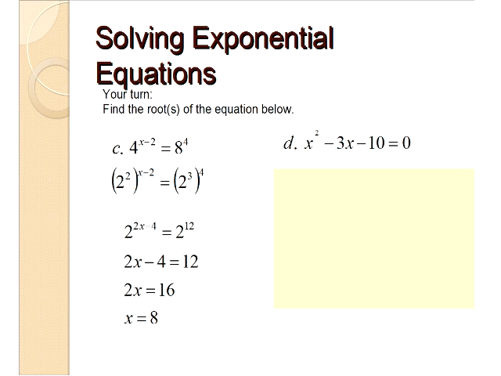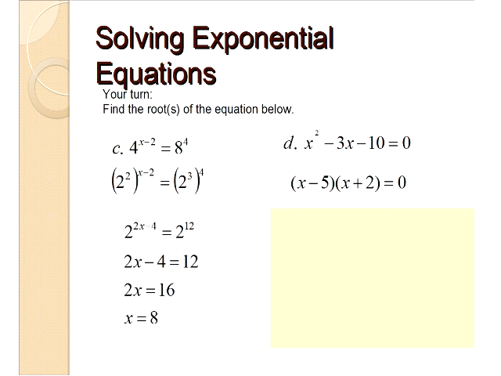In question D, this is a throwback question because it's not an exponential equation. What happens here is that the exponent is not where the unknown is. This is simply quadratic. I can solve this by using the quadratic root formula since one side equals 0, or I can factor it, as you see here.